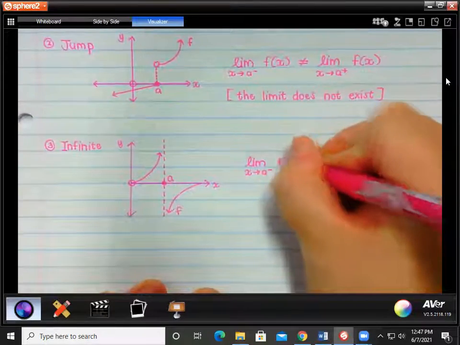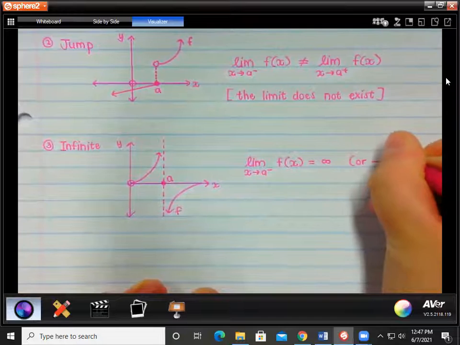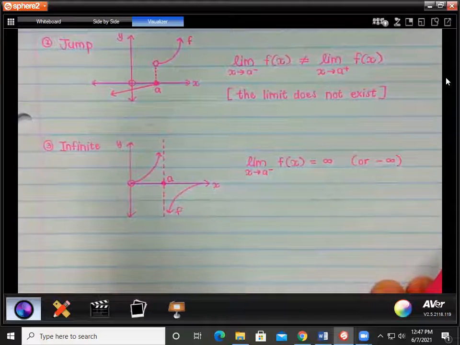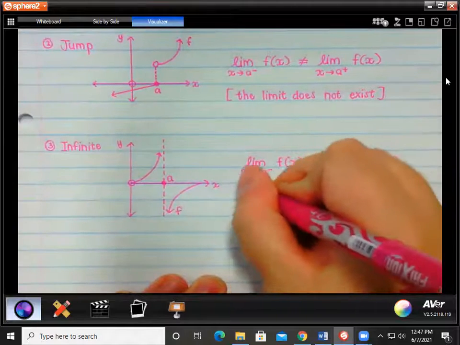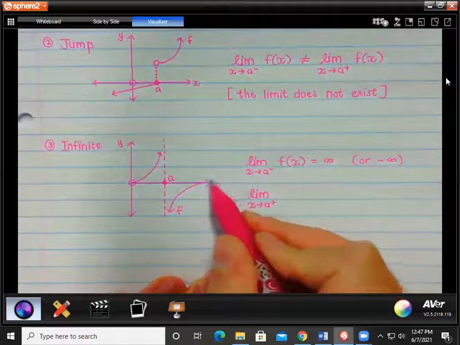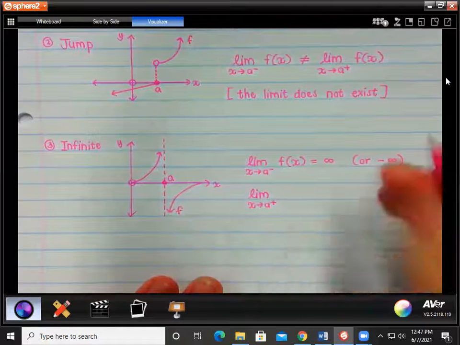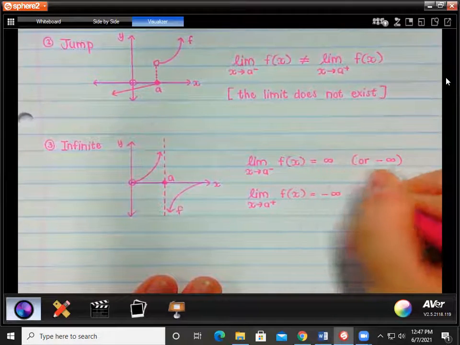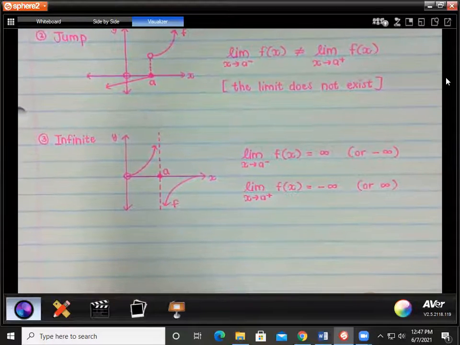So the limit here of f of x would be infinity, but obviously it could be drawn differently. It could just be done the other way around. Then the same thing happens if it tends to negative infinity, that you get that kind of discontinuity. And if we are looking at the limit as x tends to a from the positive side, so from the right, do we notice that our function value is tending to negative infinity? Okay, but in case of a different type of graph, it could be tending to positive infinity.